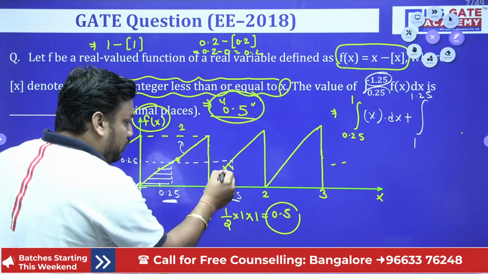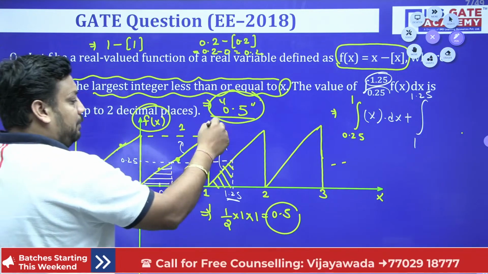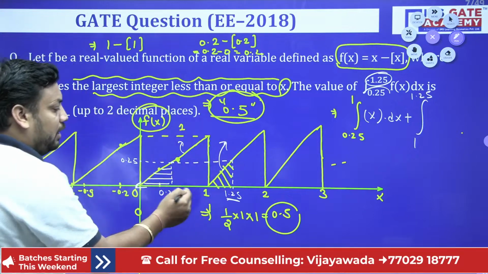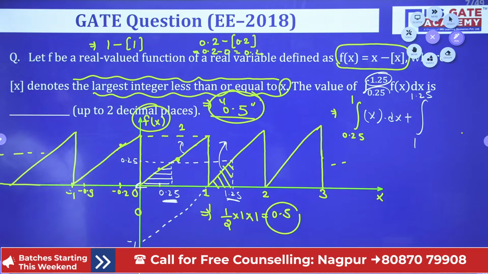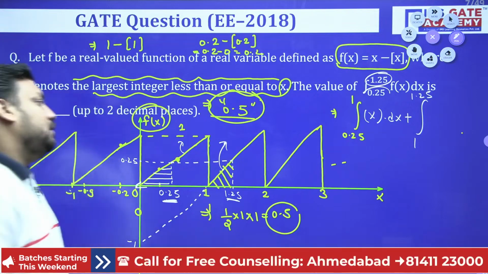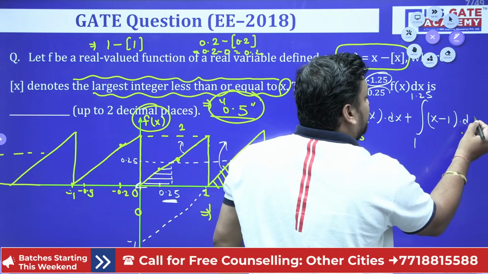Now for 1 to 1.25 you have to write this line equation. The slope remains the same, difference in y upon difference in x is 1, but this time the intersection point on the y-axis is minus 1. So the line equation is x minus 1, that is, (x minus 1) dx.